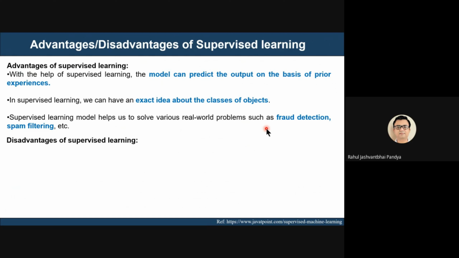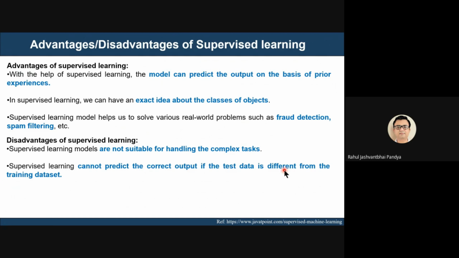Some of the disadvantages of supervised machine learning are that it is not suitable for handling complex tasks. We will not be able to handle extremely complex tasks using this. We need to apply some other sort of algorithms, such as deep learning algorithms or something else. Supervised machine learning cannot predict the correct output if the test data is different from the training data.